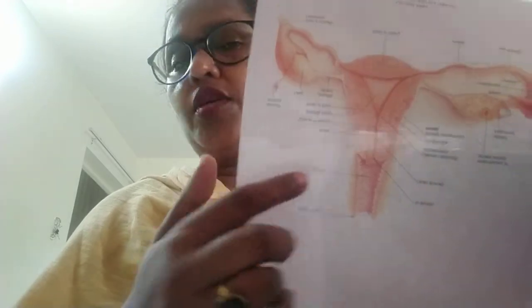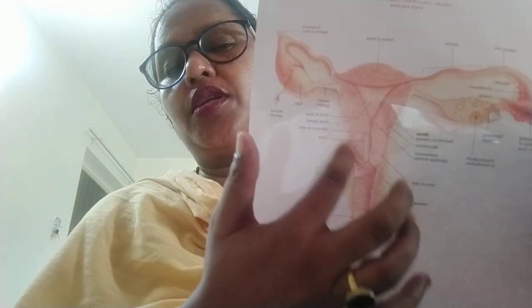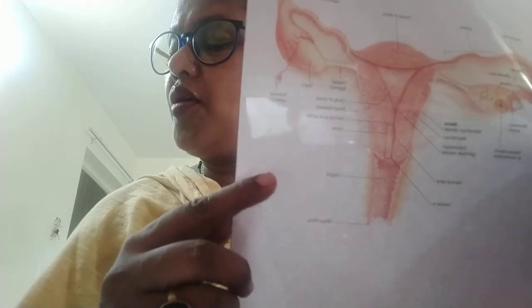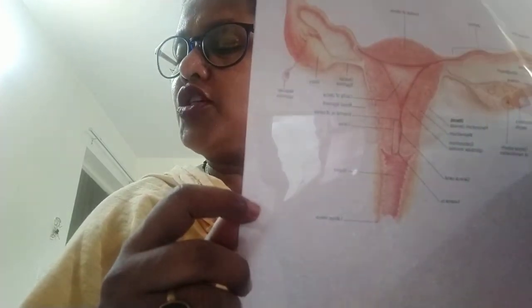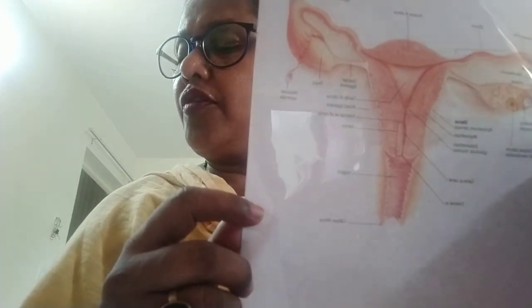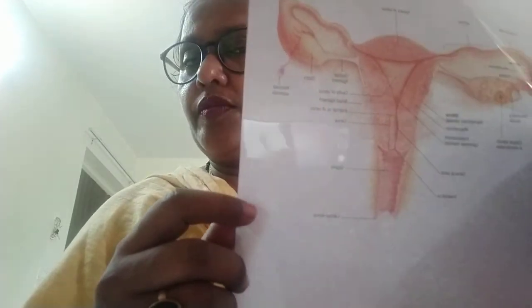Then comes the myometrium, between the perimetrium and endometrium. It is the second layer and consists of interlacing bundles of smooth muscle with intervening connective tissue.